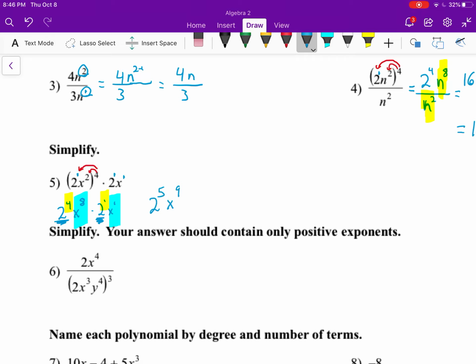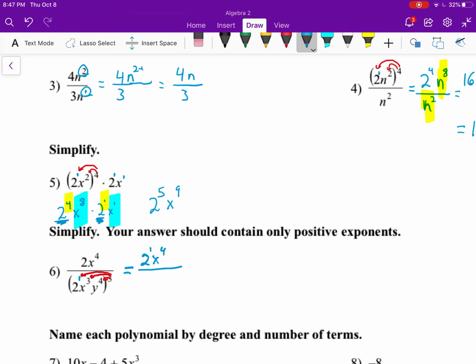And then number 6, still the same idea. Simplify. Your answer should contain only positive exponents. We have a 2, really 2 to the 1st up here in the top, x to the 4th. In the denominator, remember this will be 2 to the 1st. And once again, this exponent on the outside gets multiplied times each exponent on the inside.